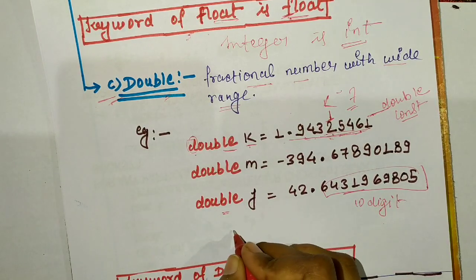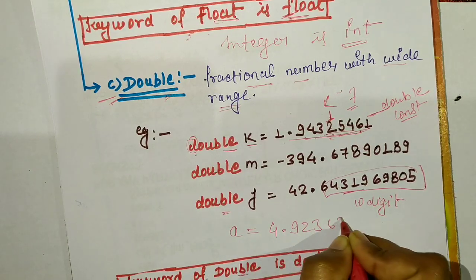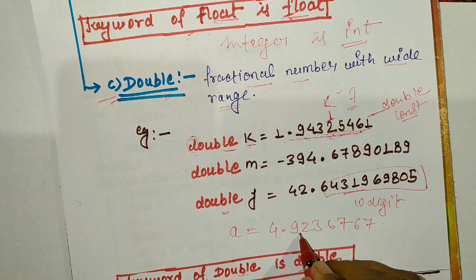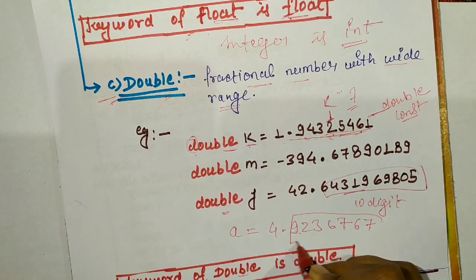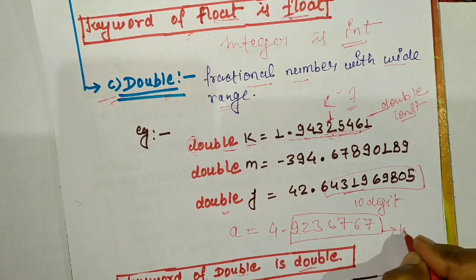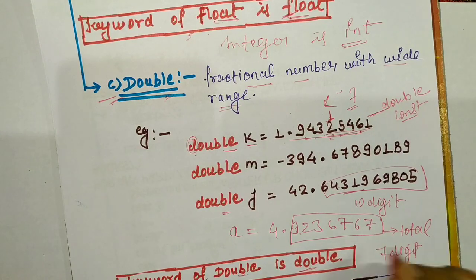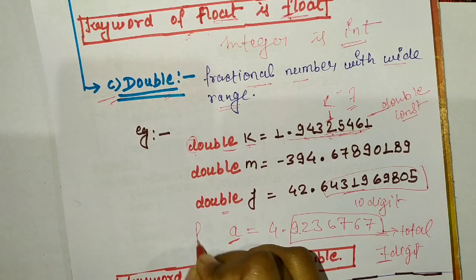But let me take another example. Suppose A is 4.923677. How many digits? 1, 2, 3, 4, 5, 6, 7. Total 7 digits. So what is the data type of A? It contains 7 digits, so the data type of A is float.